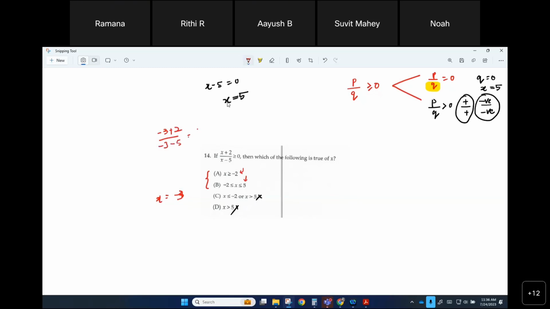What do I get? -1 over -8, which is positive. How about if I plug in, let's say 6, because x equals 6 is also a possibility here, right? If I plug in 6, what do I get? 6 plus 2 is 8, and then 6 minus 5 is 1. So that's a positive.